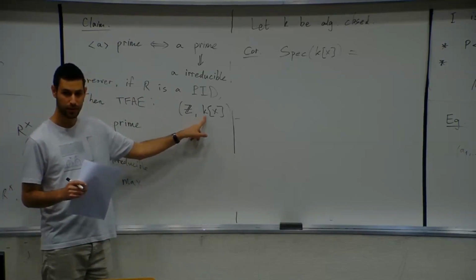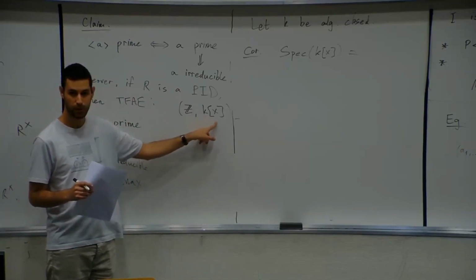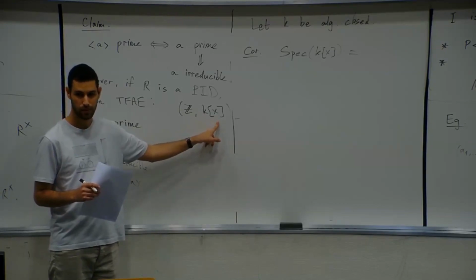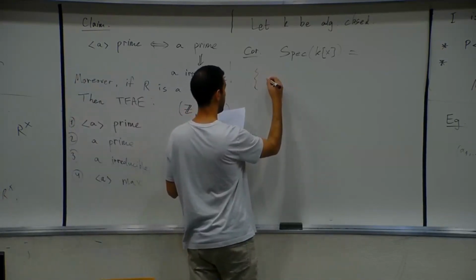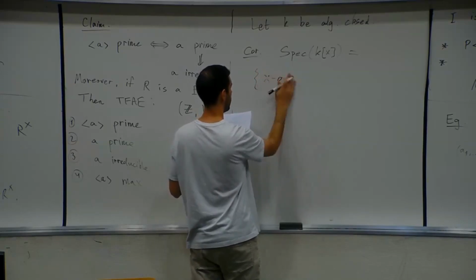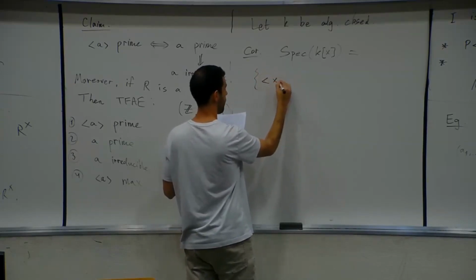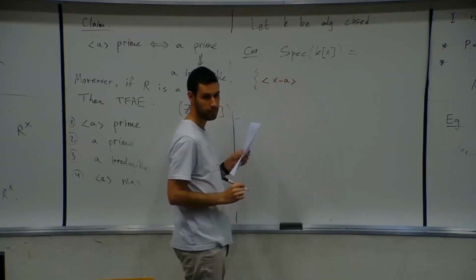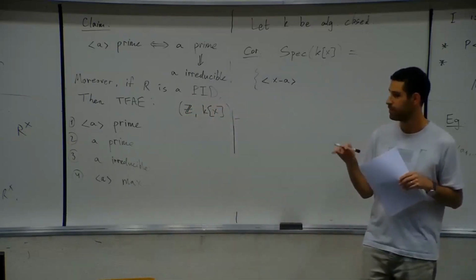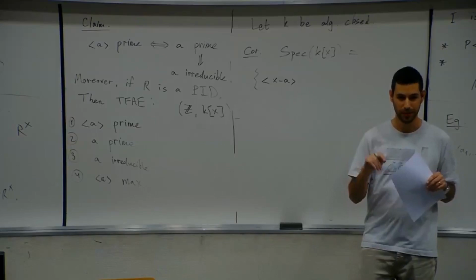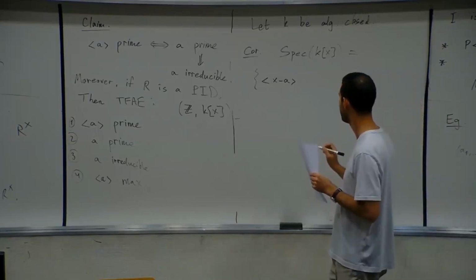But if K is algebraically closed, the only irreducible polynomials are which ones? Degree one. Exactly. Algebraically closed means every non-constant polynomial has a root.